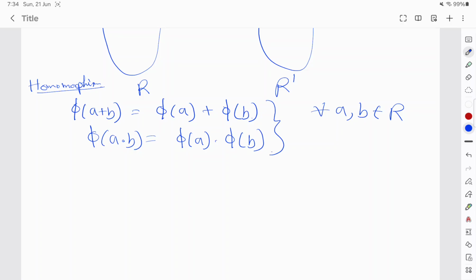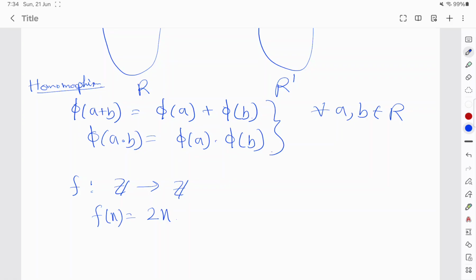If you consider some example, for example the map f from Z to Z by f of x equals 2x, and you think about these two properties, this satisfies both properties.